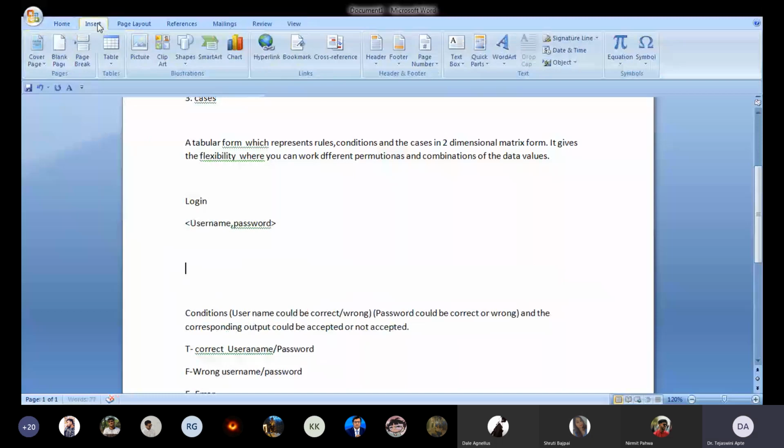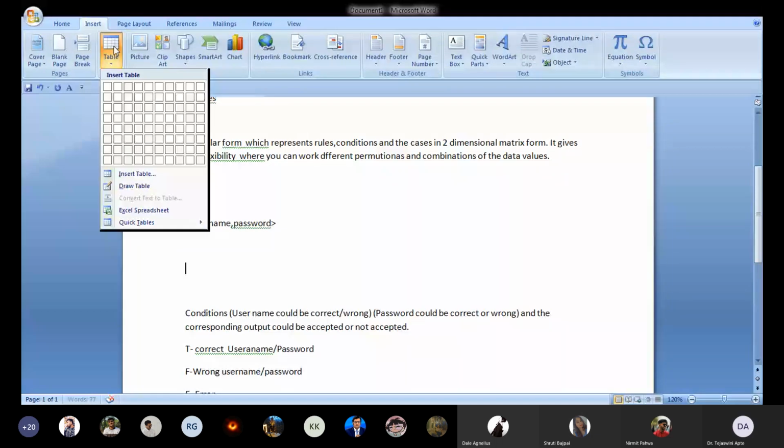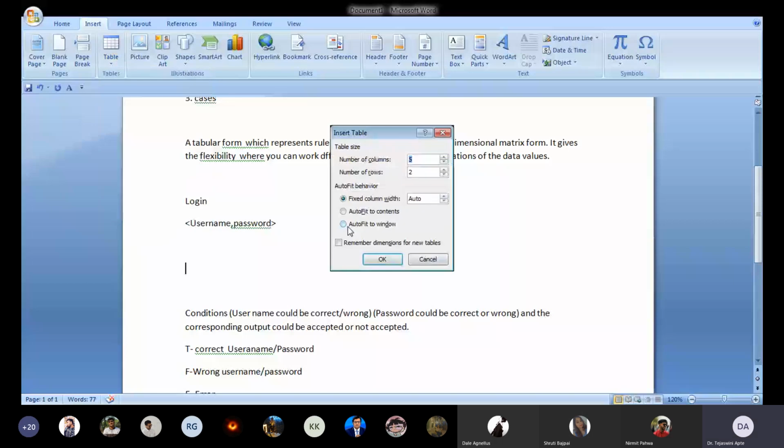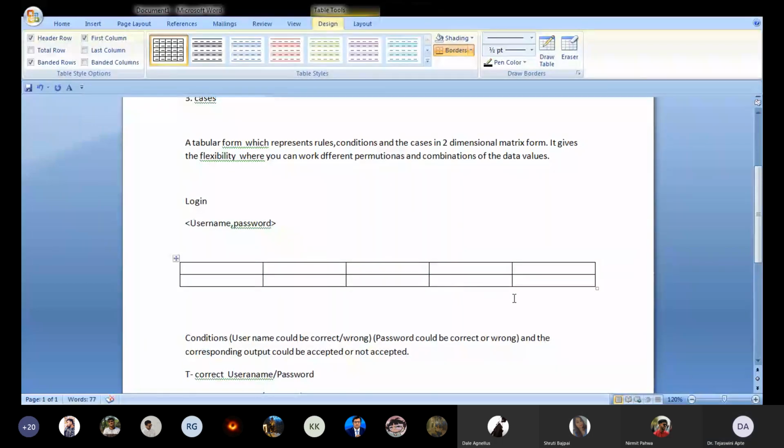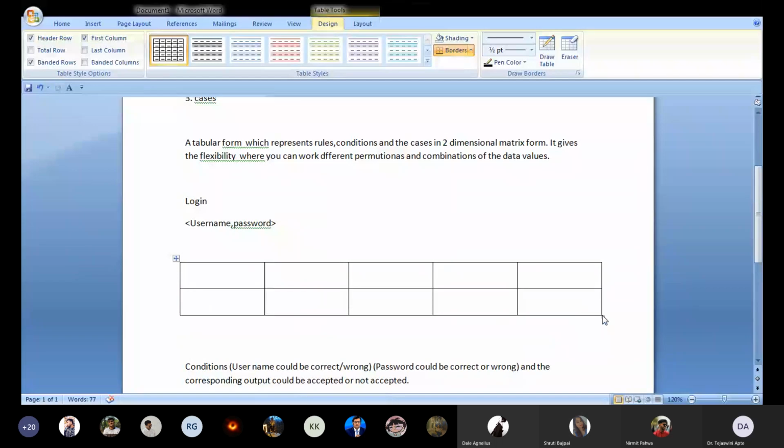I'm going to have a table. Inside the table, whatever I have written in story-like language, I'm going to write in the table.